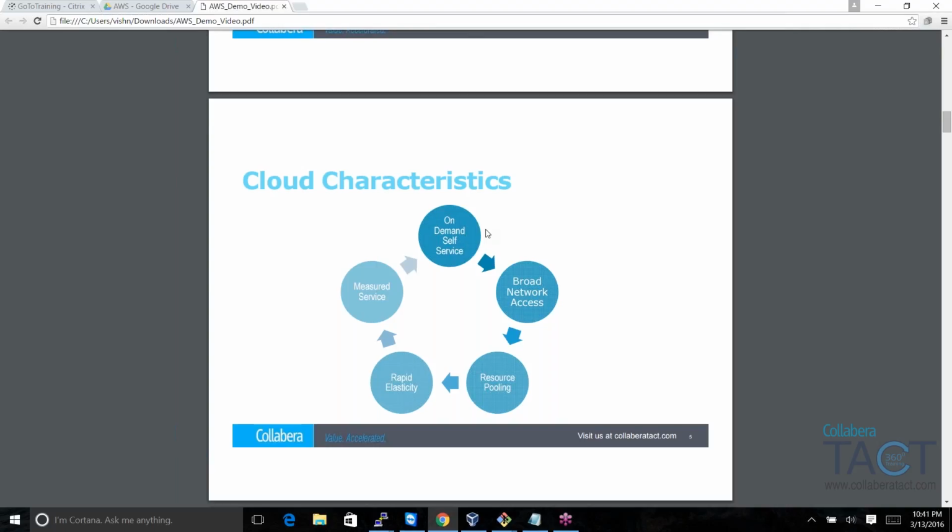So any cloud service provider should have broad network access, right? And resource pooling. The third important characteristic is resource pooling. As we discussed earlier, a cloud service provider is going to pool a bunch of resources. For example, a cloud service provider has bought 1,000 physical servers.